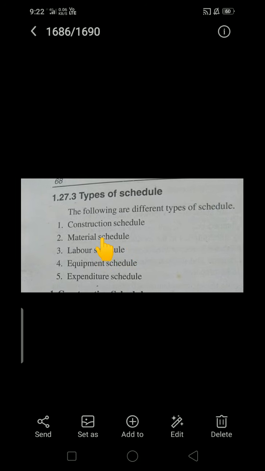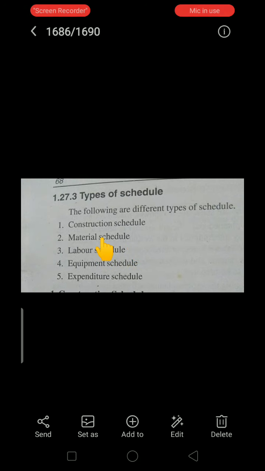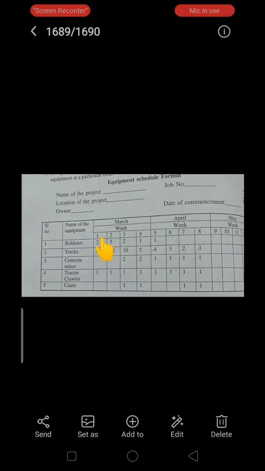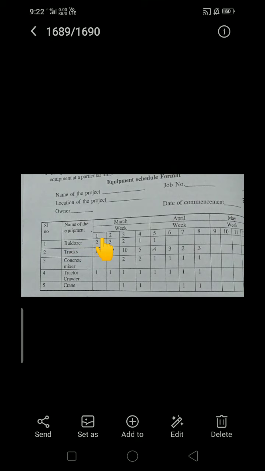Next we come to the equipment schedule. The equipment schedule is also important because in mega projects we need to utilize equipment instead of using manpower. For a multi-story building, for lifting up a load or materials, we hire a crane. We are going to use a crane for lifting the materials instead of manpower.